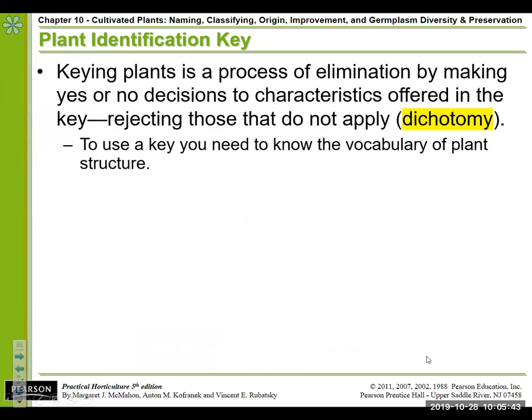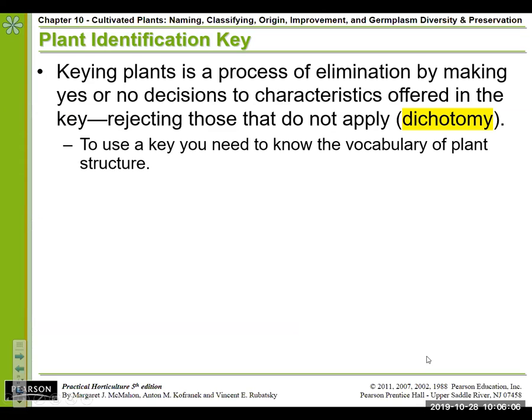So in identifying plants, we often look at one tool as being a key. And the key is basically looking at characteristics and making a yes or no decision based on the characteristics that are offered, and rejecting those that do not apply. So we call this a dichotomous key.